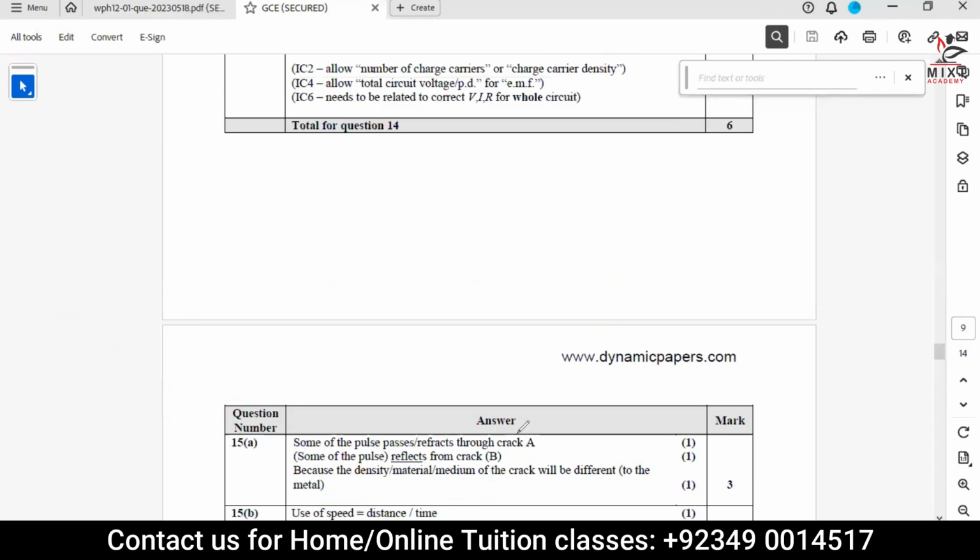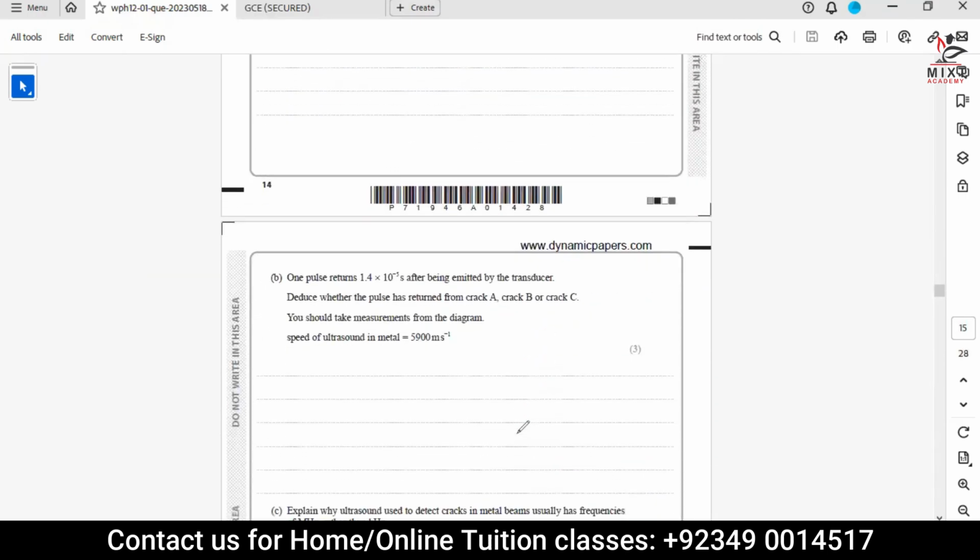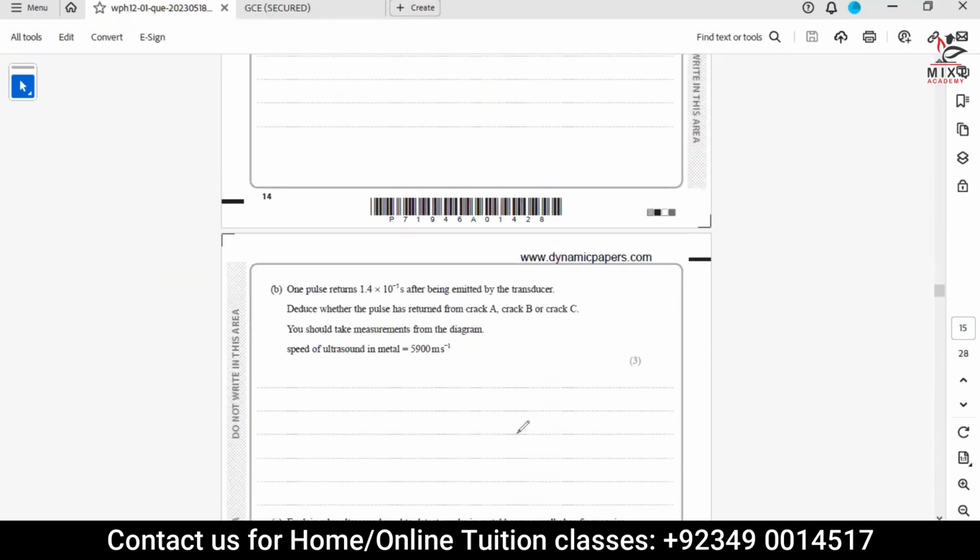Next part. What have they asked in the next part? They say detect whether the pulse is returned from A, B, and C. Which formula do you have to use? Kindly see the formula. This is your transducer, and this is the crack.